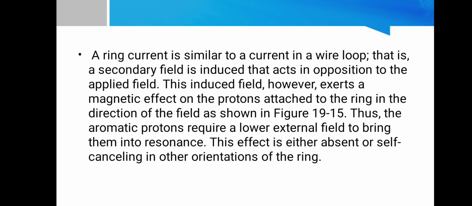A ring current is similar to a current in a wire loop, that is, a secondary field is induced that acts in opposition to the applied field. This induced field, however, exerts a magnetic effect on the protons attached to the ring in the direction of the field, as shown in the figure.